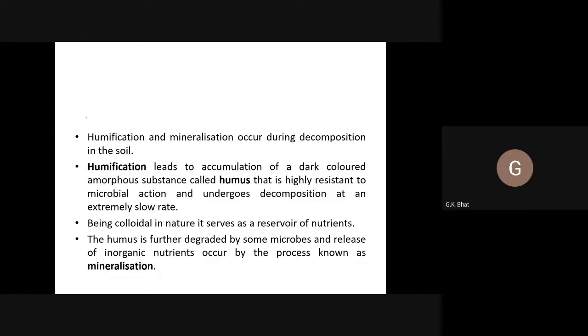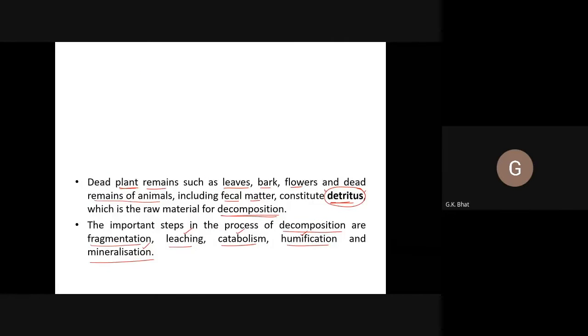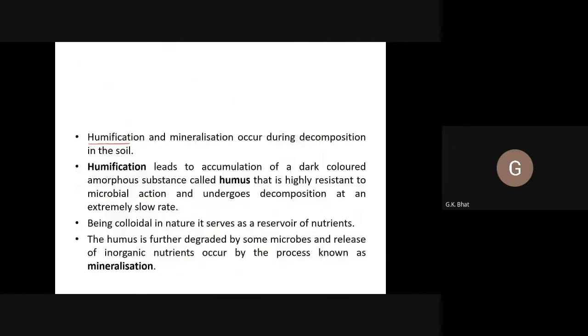Now you have to look into humification. Recall, what is humification? Humification and mineralization occur during decomposition in the soil. Humification leads to the accumulation of a dark colored amorphous substance called humus that is highly resistant to microbial action and undergoes decomposition at an extremely slow rate.